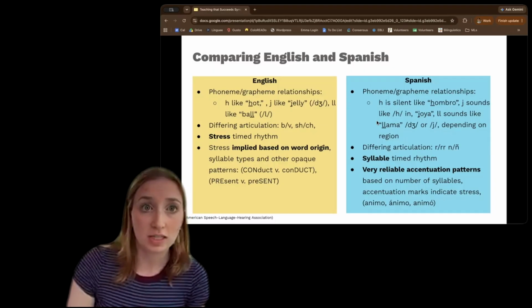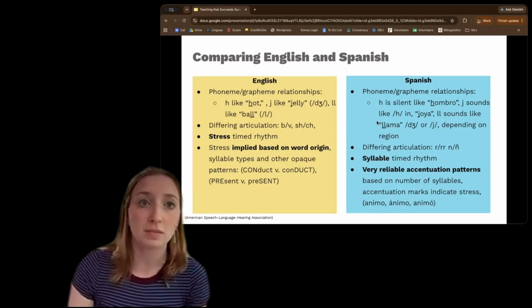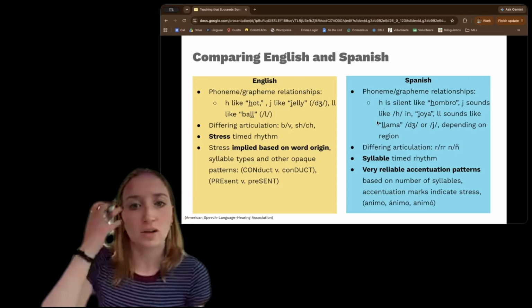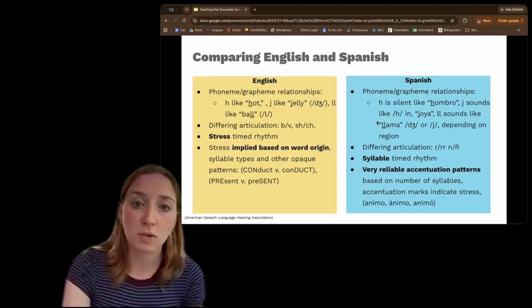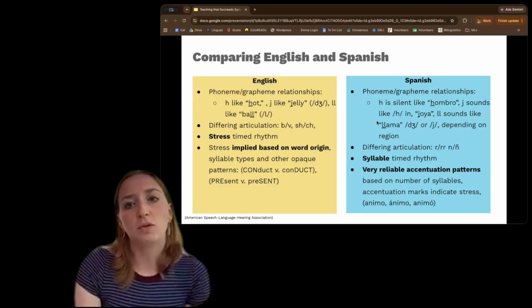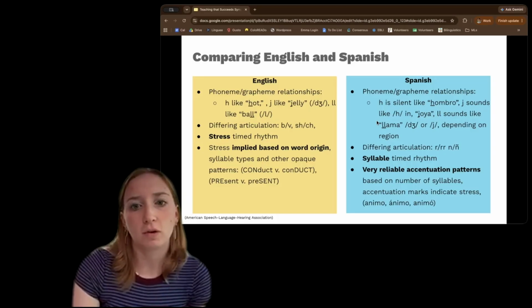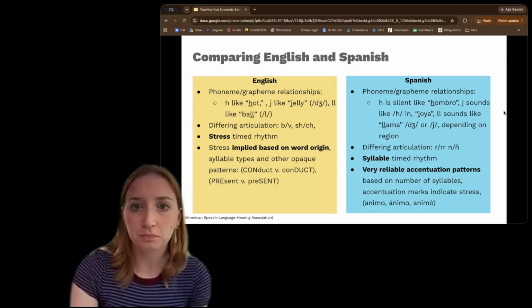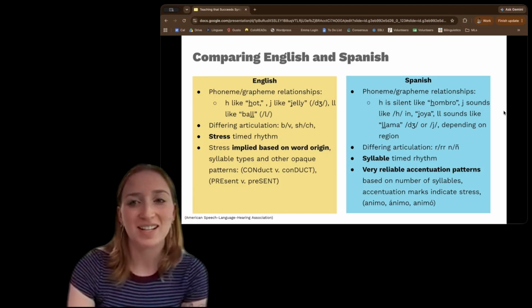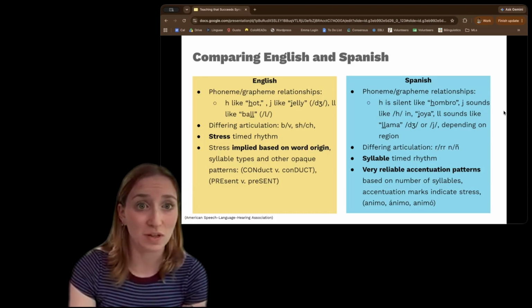Whereas in Spanish, these things are reliable, and if something doesn't follow the stress and pattern rules, an accentuation mark is applied, as in the difference between animo, animo, or animo, which are different forms of the same verb in Spanish. We don't use those, which leaves our multilingual kiddos who speak Spanish guessing at how these words apply stress in English.